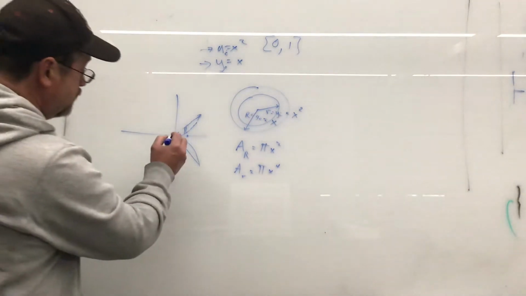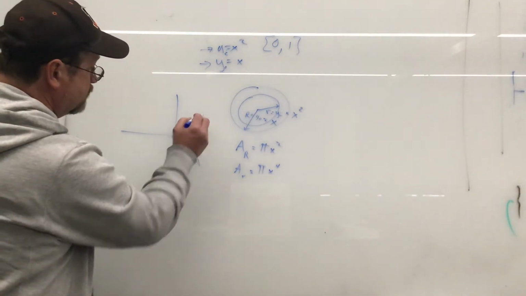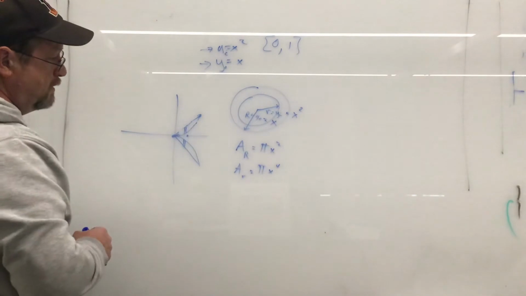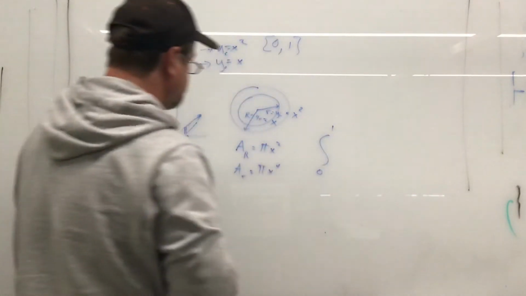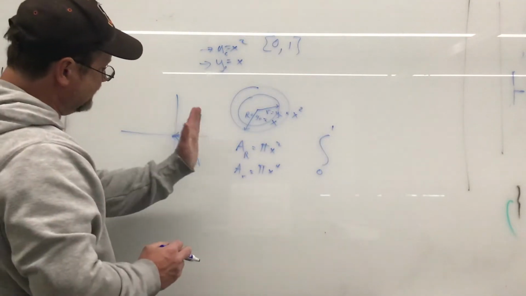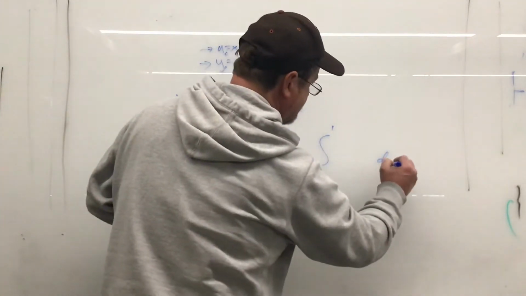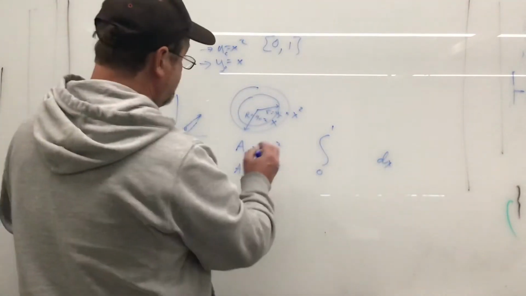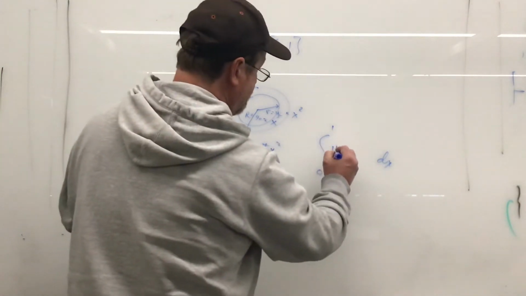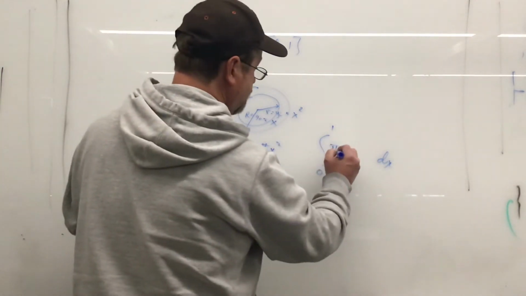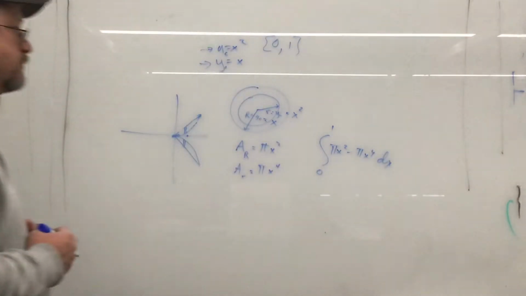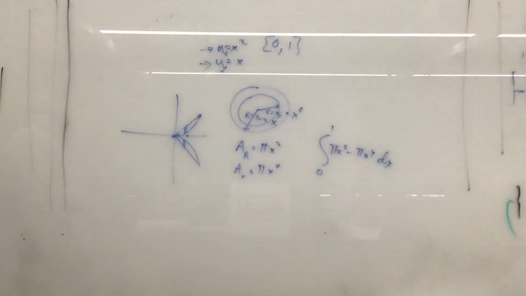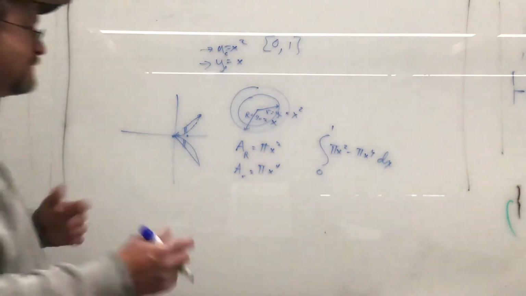My integral in the x direction, I'm going to add up everything from 0 to 1, right? And so I end up with this integral from 0 to 1. These various slices that I add up are all going to be in the x direction, so it's a dx. And my big circle is pi big R squared, which is pi x squared, minus pi x to the 4th, which is the little circle. It's on the inside. Both of them are moving targets here. Last time this was just 1.